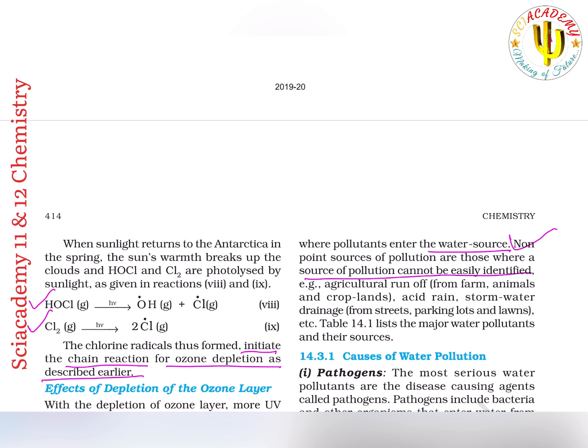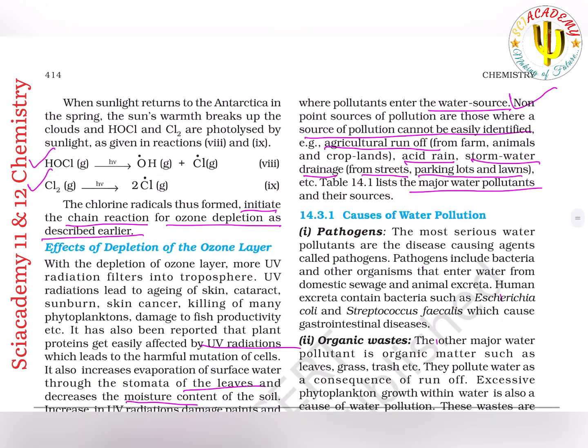For example, agricultural runoff, such as from farm animals and croplands, acid rain, stormwater drainage, such as from streets, parking lots and lawns, etc. Table 14.1 lists the major water pollutants and their sources.